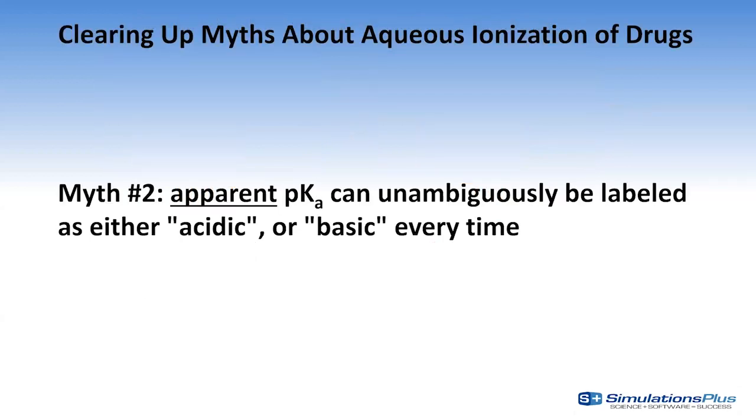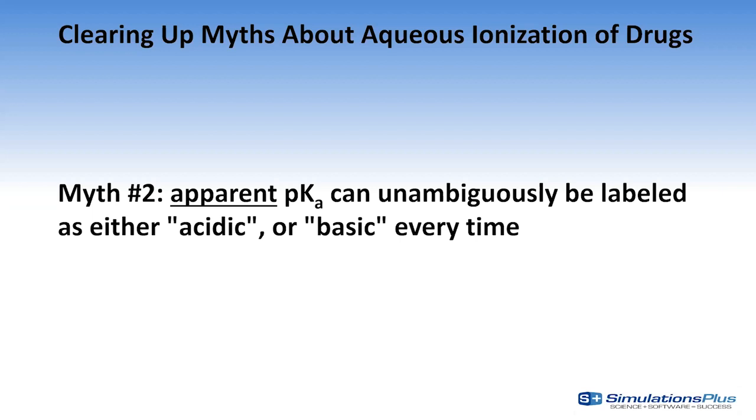Myth number two is also very prevalent. It's even more ingrained than the myth about assigning pKa's. Myth number 2 is that every apparent pKa can be unambiguously labeled as either acidic or basic every time.